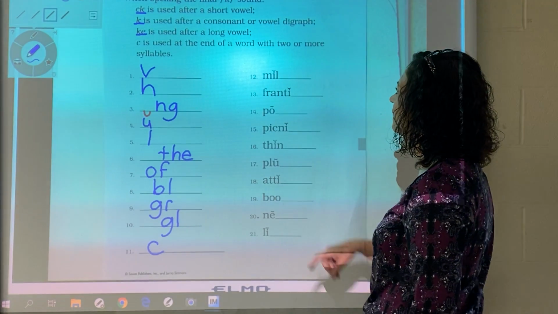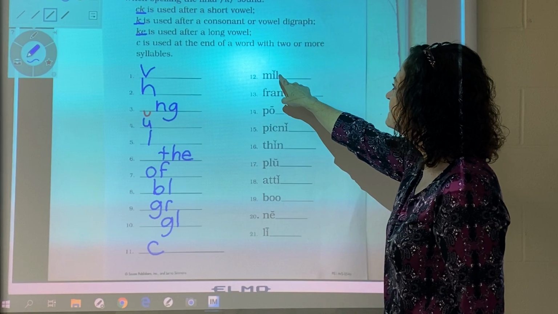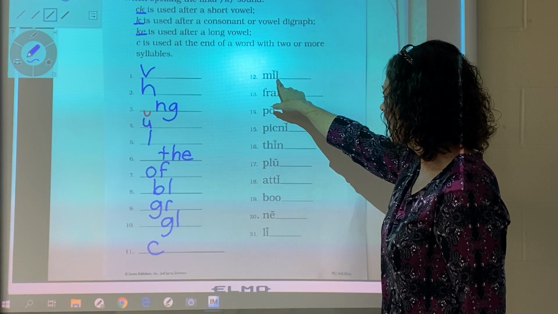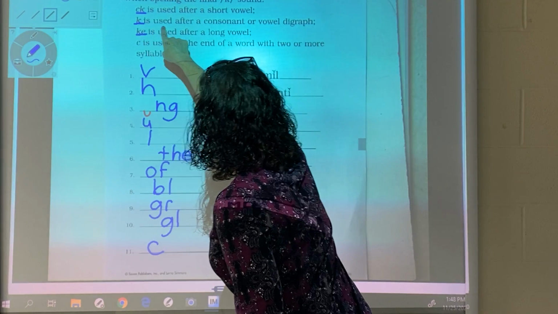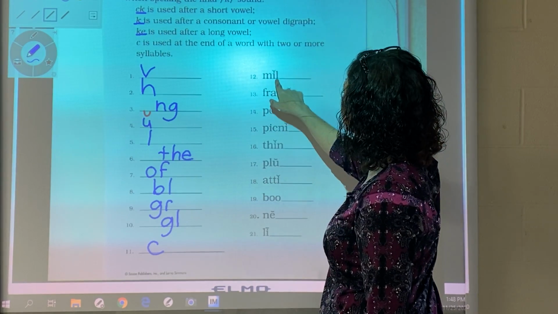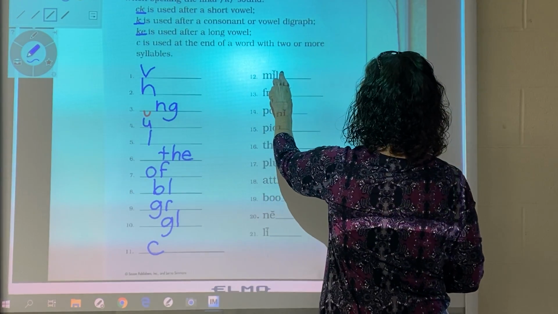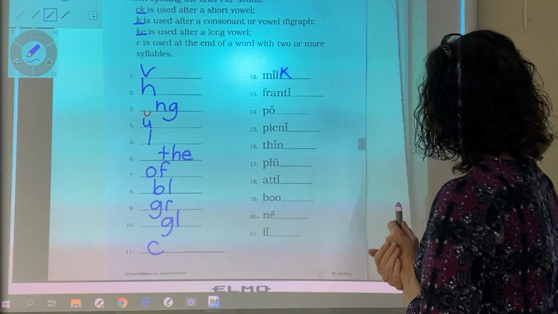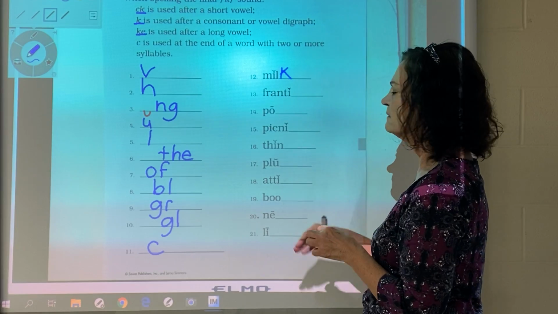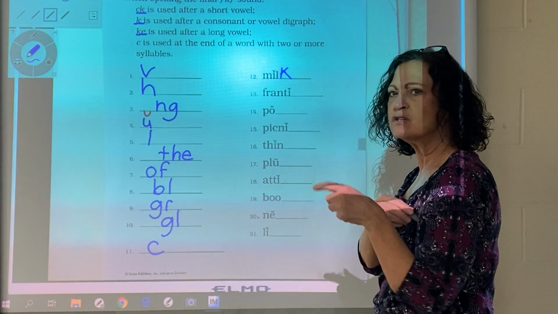Is it going to be CK for short vowel, K used after a consonant or vowel digraph, KE used in long vowel words, and C for more than one syllable words. So, I'm going to say the words. Milk. Okay, what do I use if I have a consonant? K is used after a consonant or a vowel digraph. So I'm going to use the K. Frantic. Two-syllable word.